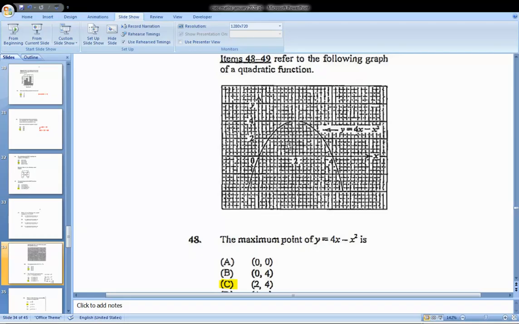And when you look at the x-axis, we could see that it is at 2, right here at 2. So that's where the maximum point of the curve is. So x is 2 and y is 4. So our answer would be C for 48.